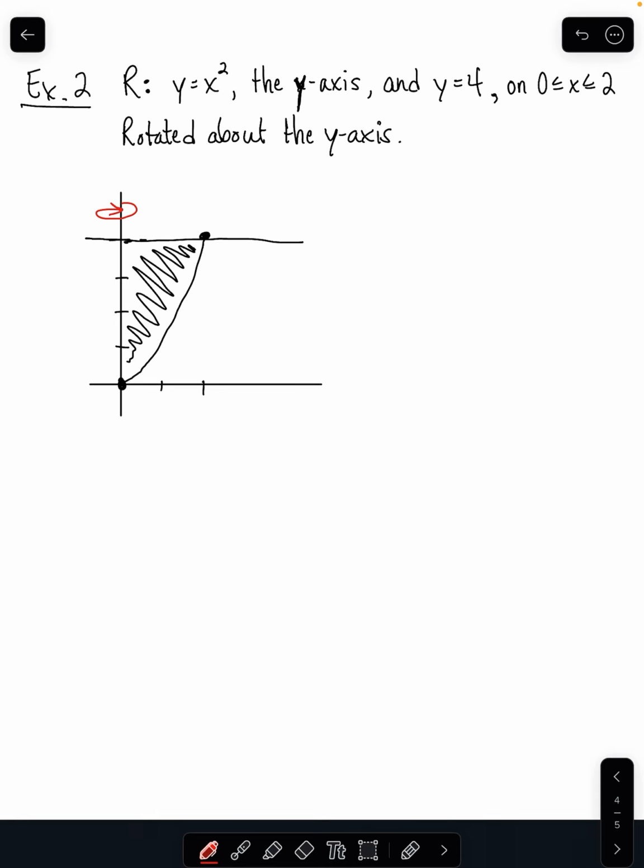Now, if we attempt to do this in the same way that we did before, that is to say with rectangles that are based on the height of the function in a vertical format, those rectangles would be oriented like this. But because we're not rotating about the x-axis, because we would be rotating about the y-axis, we would not get a disk out of this.